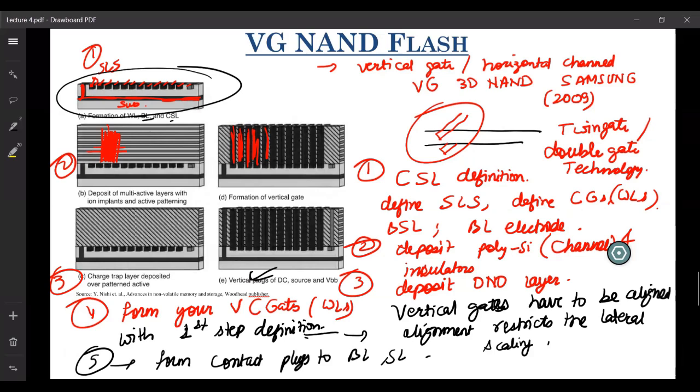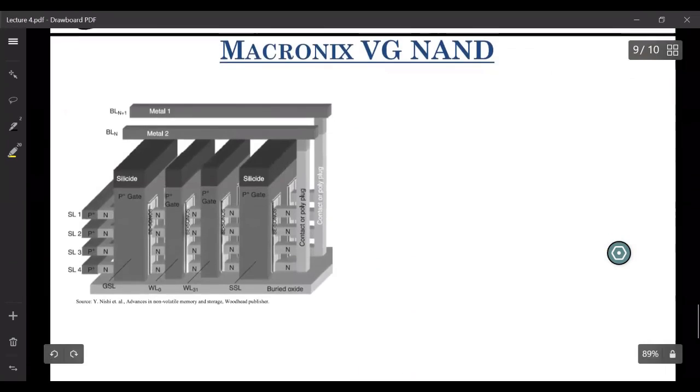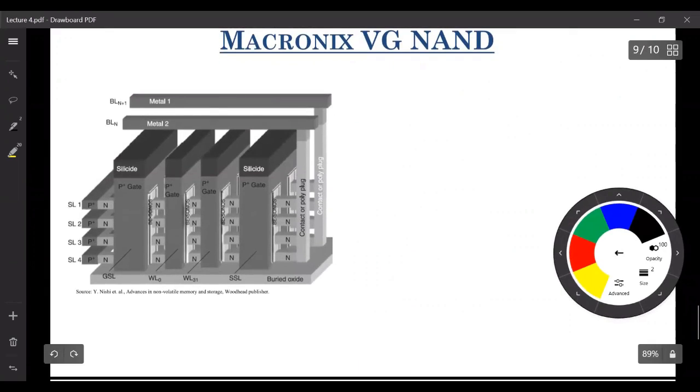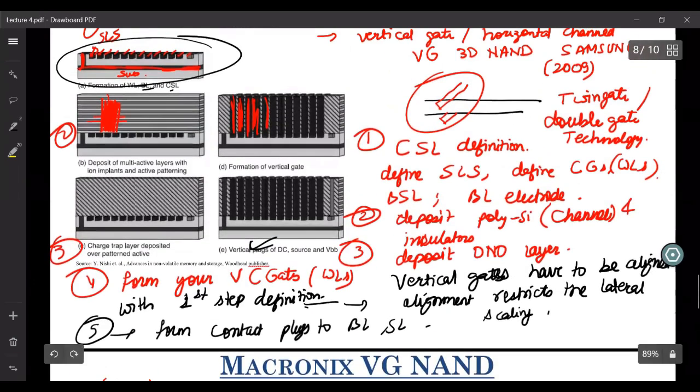So what MACRONIX came up with is another structure. MACRONIX is another company which is very innovative, and this is their vertical gate NAND flash. In 2011, they came up with this structure where they eliminated the formation of this bottommost source line.